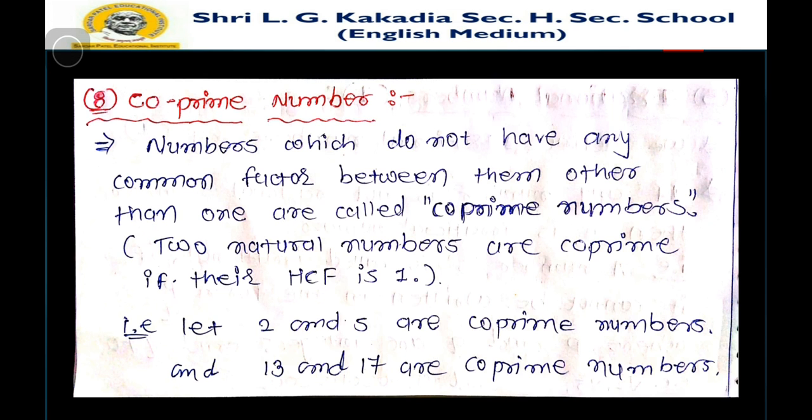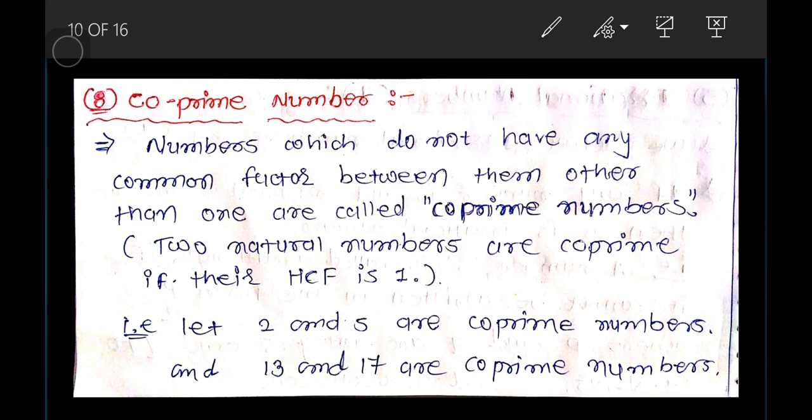About the next definition, coprimes. How can we say that the given numbers are coprime numbers? Numbers which do not have any common factor. If two numbers are given, and those two numbers do not have any common factor between them other than one, only one, they are called coprime numbers.